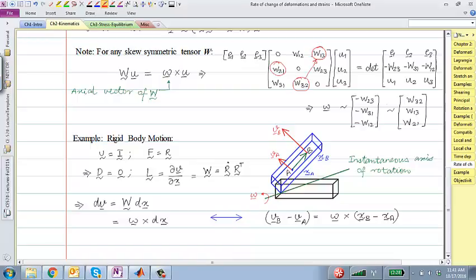So if you take any skew symmetric tensor and pick out these three components in that order, that would correspond to the axial vector omega of that skew symmetric tensor. And this axial vector omega cross product with any arbitrary vector U would be the same as the tensor acting on U.